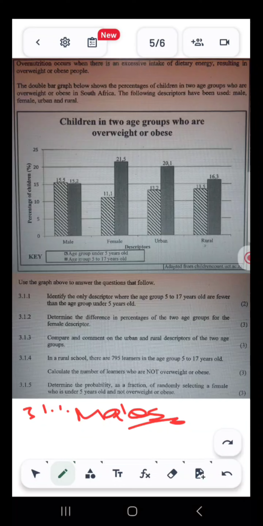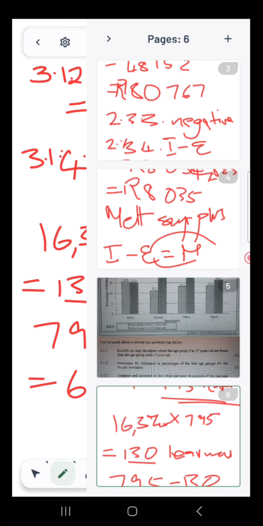So we are looking for a probability of randomly selecting someone who's under the age of 5 and who is not obese or overweight. A female. So we're going to the female category, right? So in the category, we're going to look for the probability of finding someone who's below the age of 5, meaning this category here, and who's not obese. You must know which category specifically, because that's a general question.